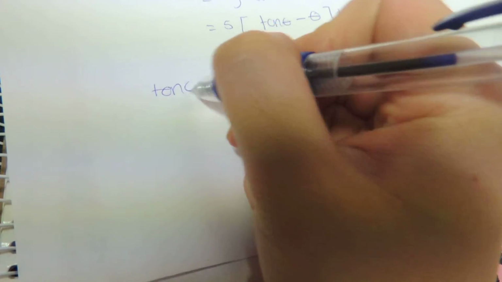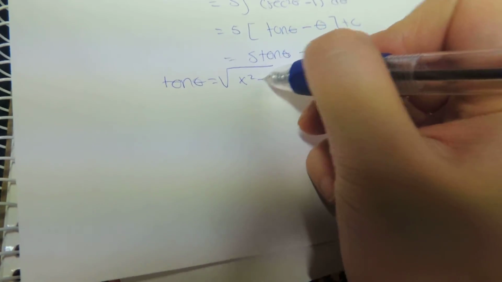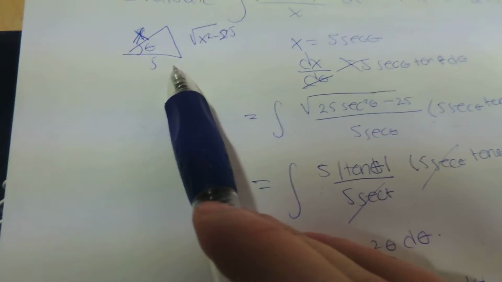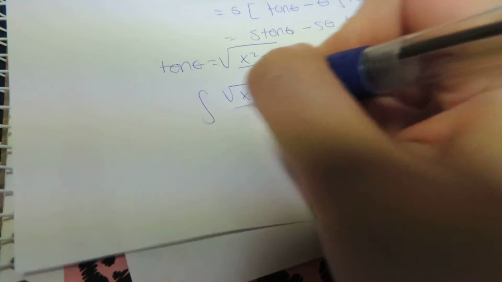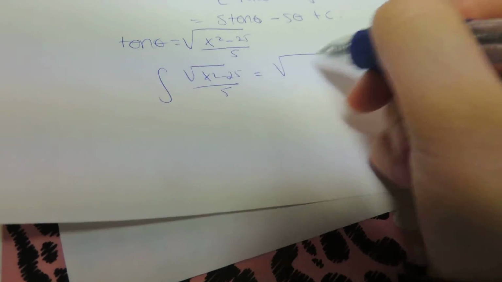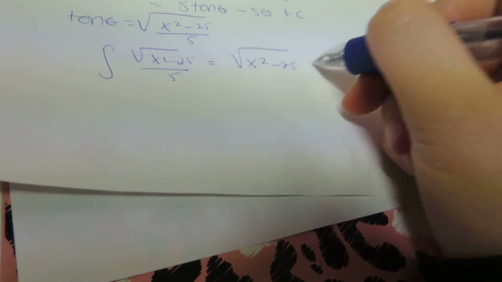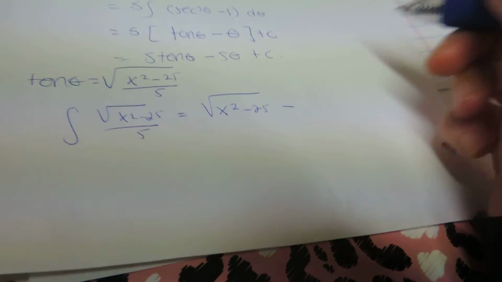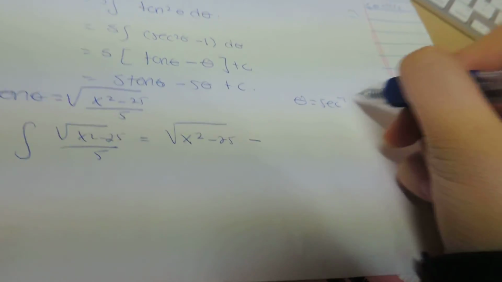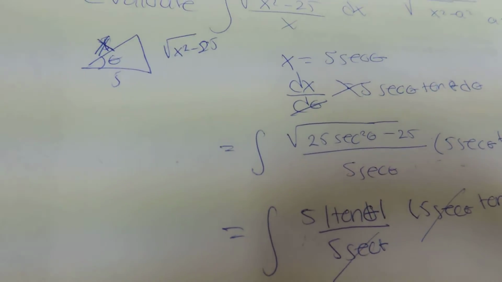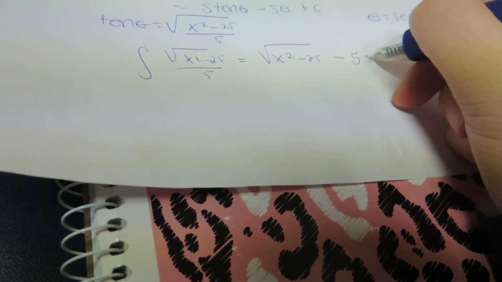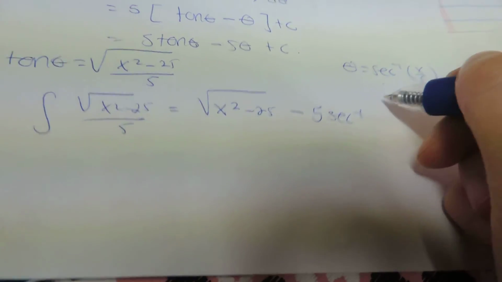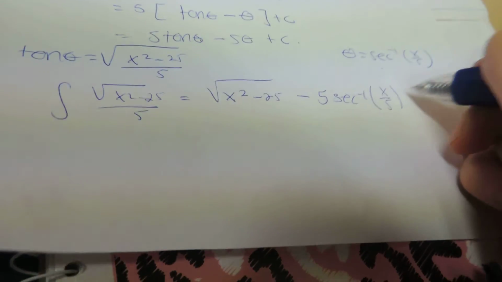And when we want to express this in terms of x, we can say that since tangent theta is equal to the square root of x squared minus 25, all divided by 5, using the right angle triangle up here, we can say that the integral is equal to the square root of x squared minus 25 minus, and since theta is equal to secant inverse of x over 5, using the right angle triangle up here, we can say that this is equal to minus 5 times secant inverse of x over 5 plus c.